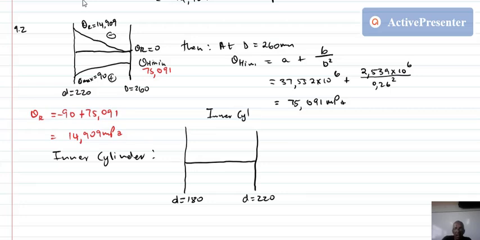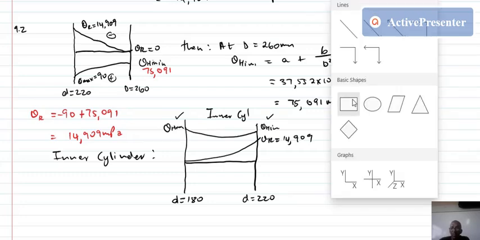Then my line is going in terms of that, whereby I have the radial, which is 14,909, and then I have my hoop stress there. Because of that there will be a compressive hoop stress maximum and hoop stress minimum. I need to get those two stresses. Clear?